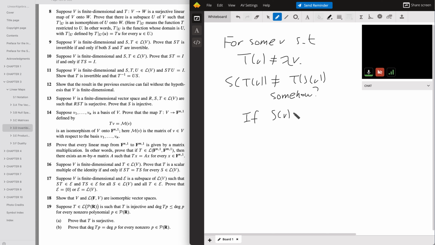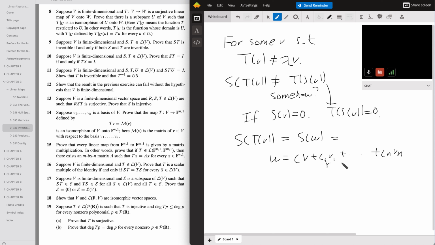Well, what if S of V is 0? Right, then T of S of V is 0. But then S of T of V, which is S of W, is not equal to 0, because if this is equal to 0, then W equals cV, but we got the contradiction here.